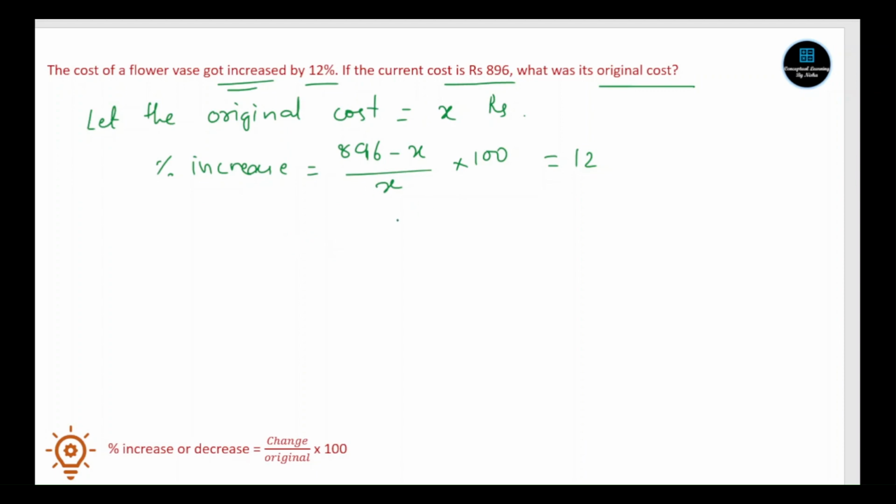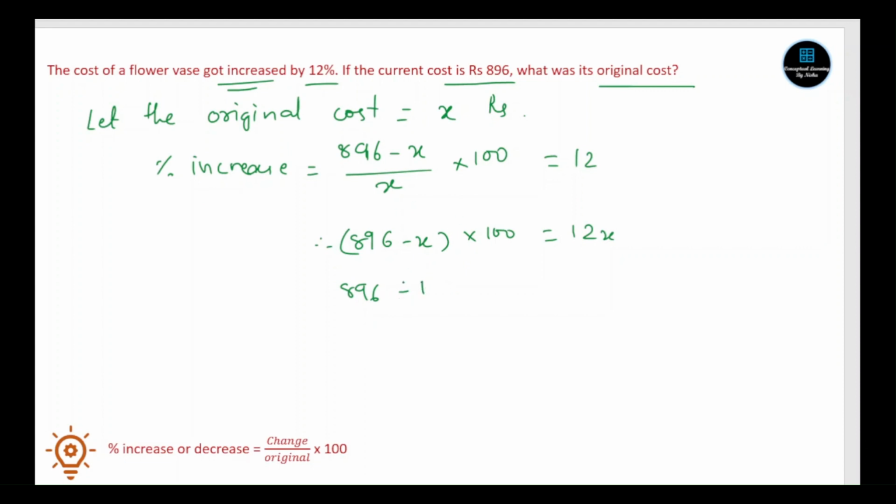So how to find this? See what I can do. I can take this as 896 minus x, into 100 is equal to 12x. Now we can simplify this as 896 minus x, you have to multiply it by 100.